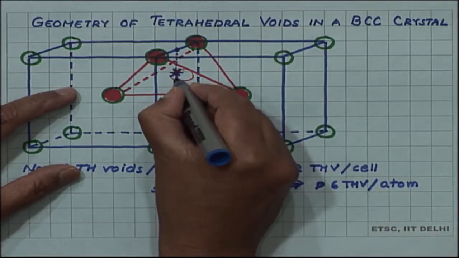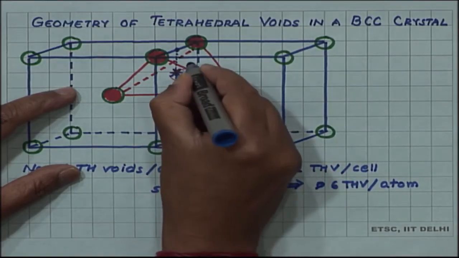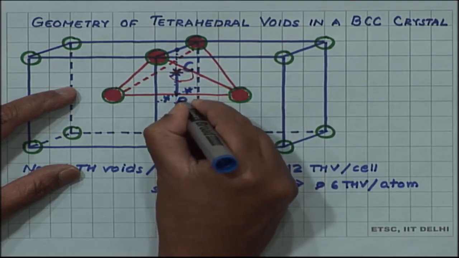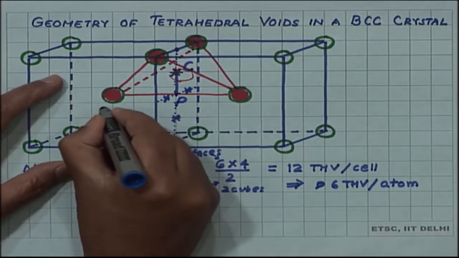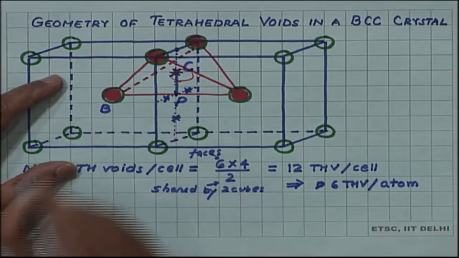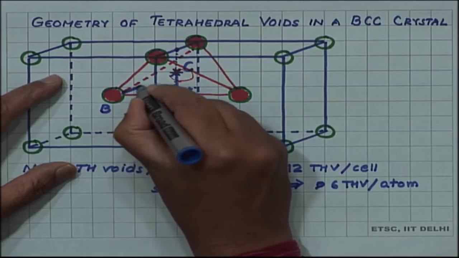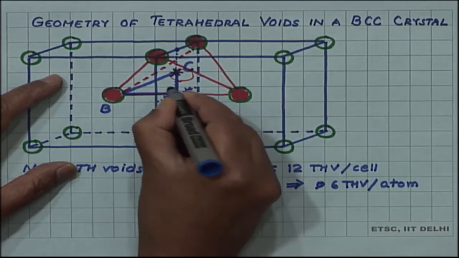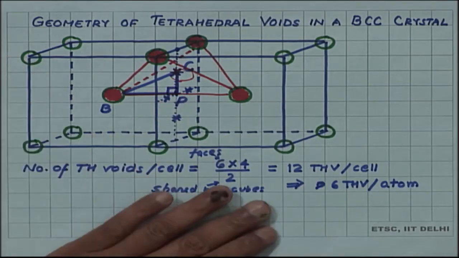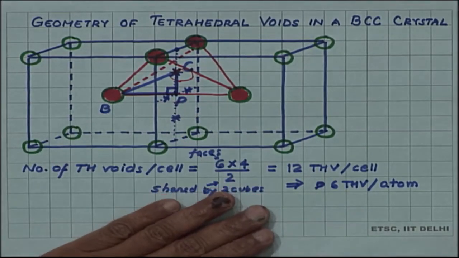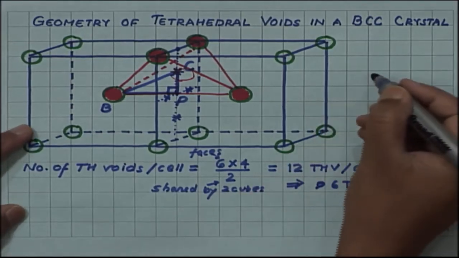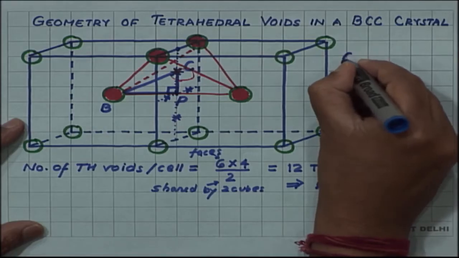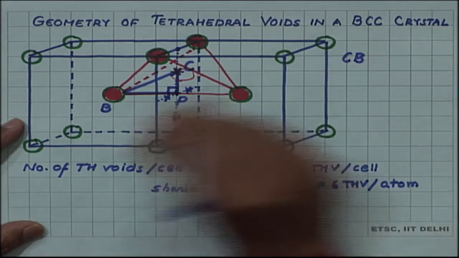If I drop a perpendicular here, let me call this centroid C and this perpendicular point P and this body centered atom as B. So, I get a right angle triangle CPB, in which the distance CB is what we are interested in.